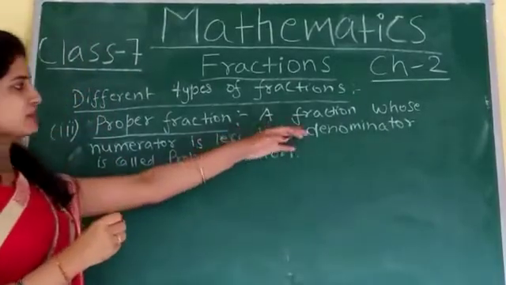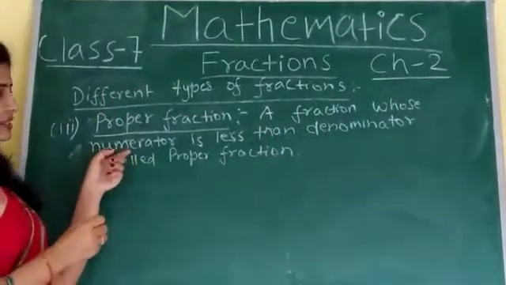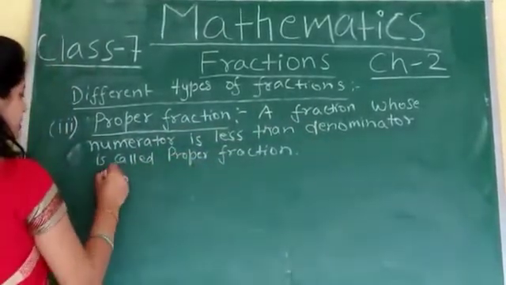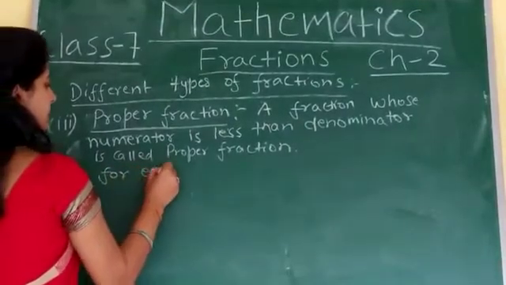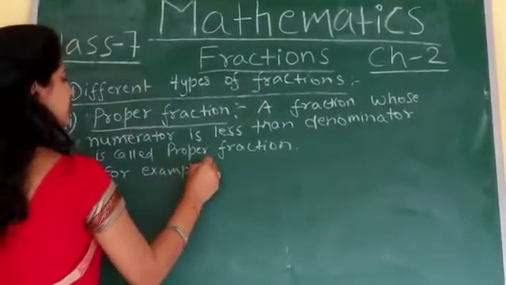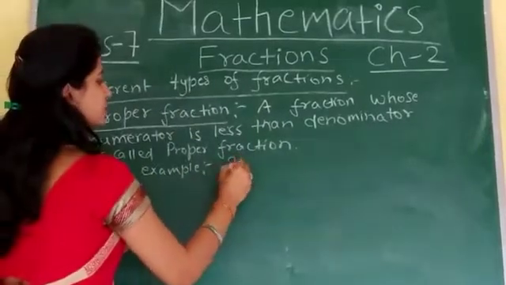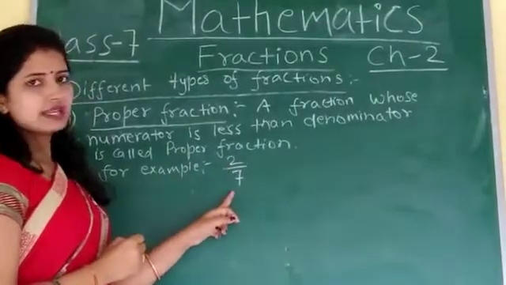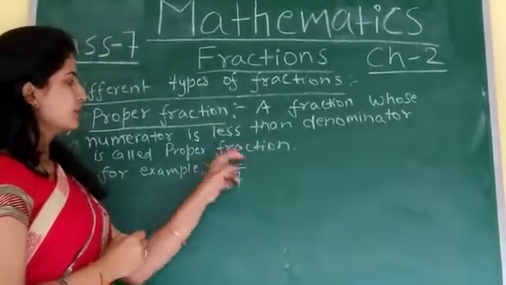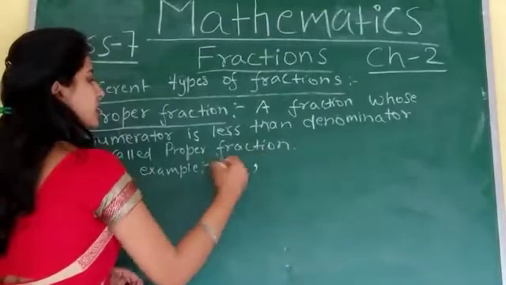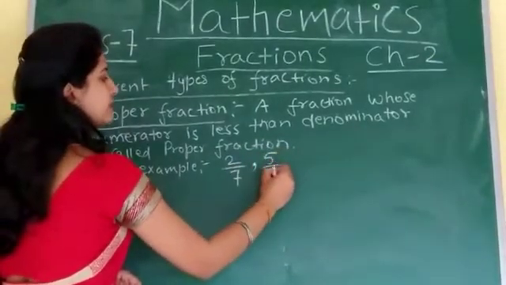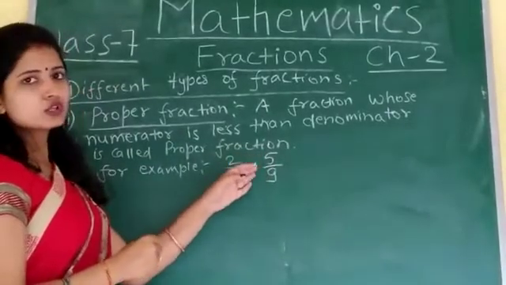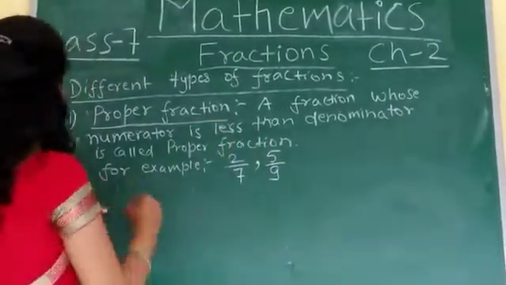So, those type of fractions whose numerator is less than denominator is called proper fraction. For example, 2 by 7. Here, numerator is less than denominator, so this is proper fraction. Another example is 5 by 9. So, numerator is less than denominator, so this is also a proper fraction.